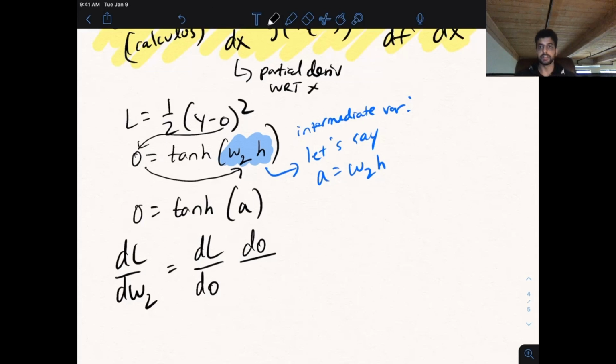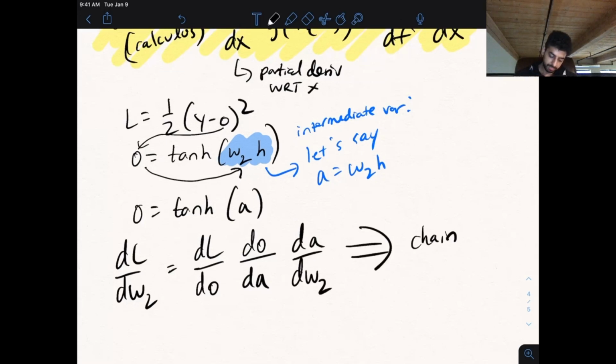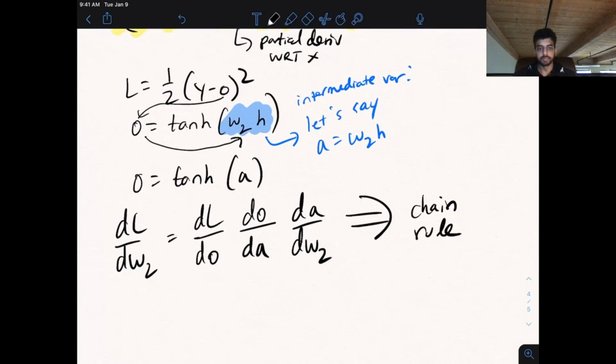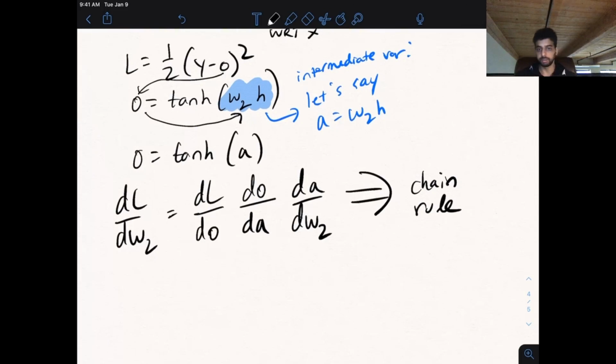So we introduce this intermediate variable A. We're going to take the derivative with respect to A, and then finally take the derivative with respect to W sub 2. This whole process, we use the chain rule to get these equations. If you didn't follow that, you should go over this to completely understand what is happening here.